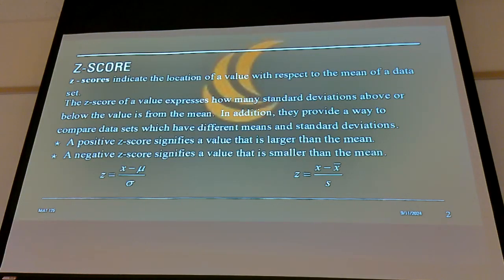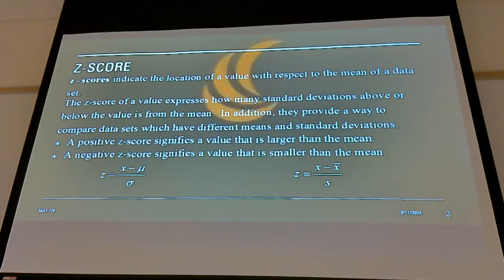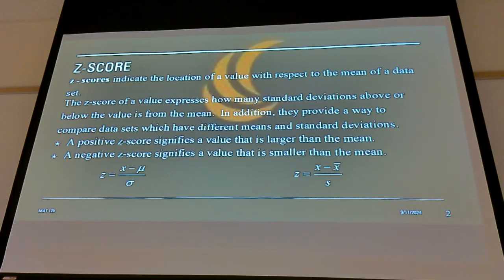It's just data point minus mean divided by standard deviation, regardless of whether it's data from a population or data from a sample. Z-scores will come into play later. They're very important when we start studying probability theory.